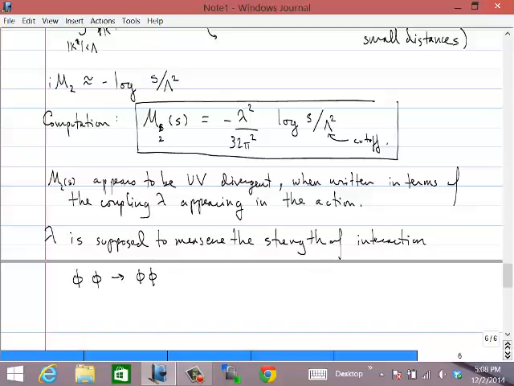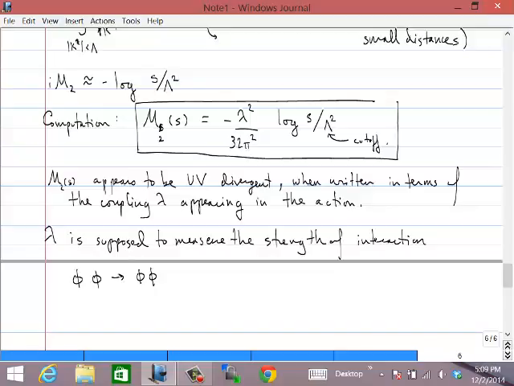But let's now think practically about how we would define lambda. If you have some physical system, you don't get to choose the values of the coupling constants in the Lagrangian. You don't measure the values of the coupling constants in the Lagrangian. You measure the outcomes of physical processes.